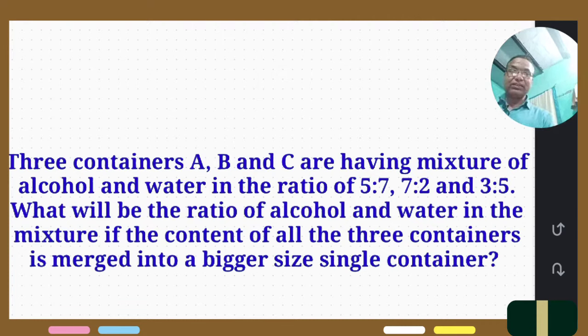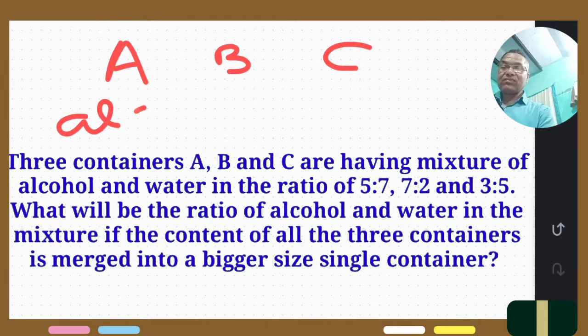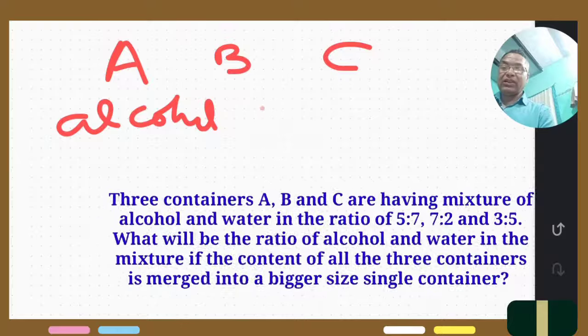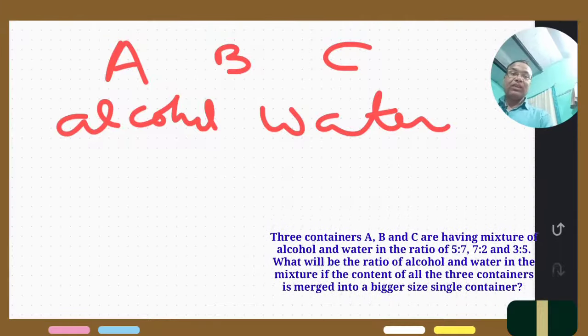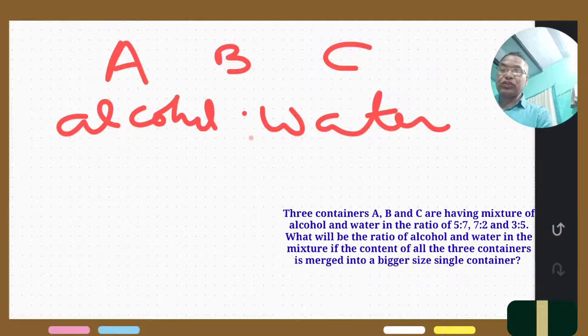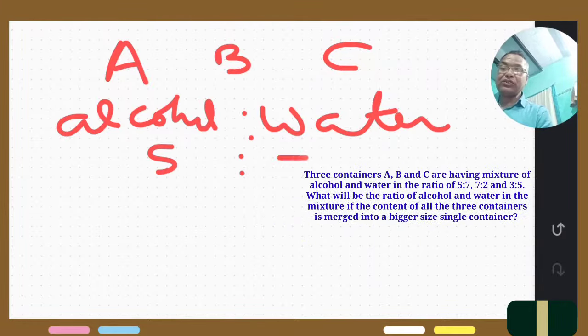Three containers A, B and C having alcohol and water. In the first, the ratio of alcohol and water is 5:7.